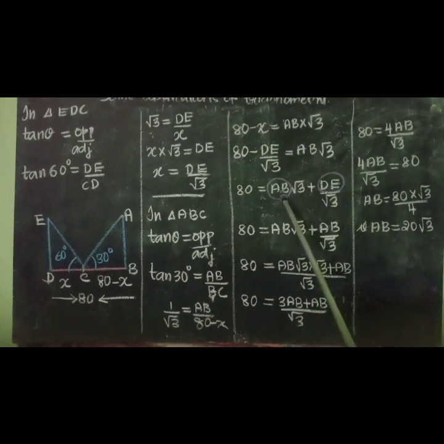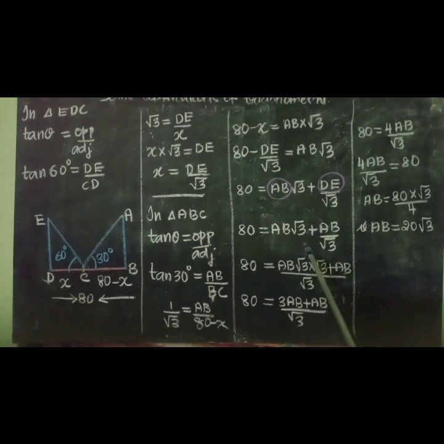Now AB and DE are the poles. In the question it is given the poles have equal heights. Therefore AB and DE are equal. So this DE we can replace by AB. So we get 80 equal to AB root 3 plus AB by root 3.